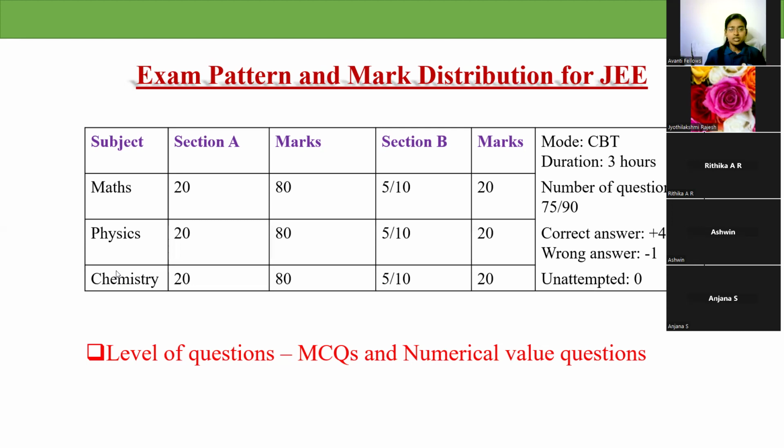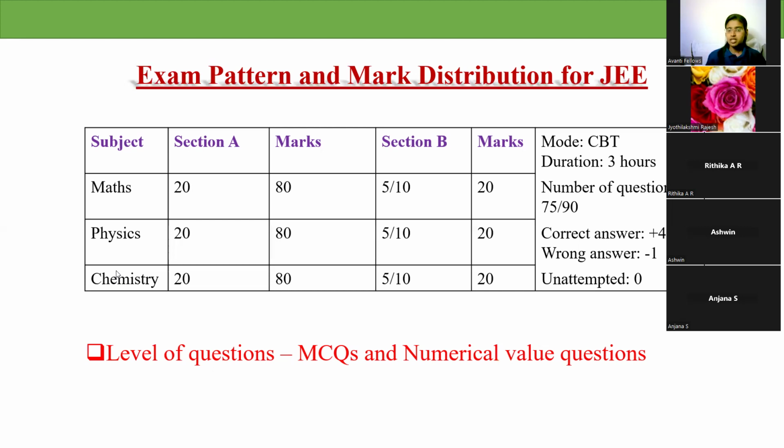So coming to the JEE part, exam pattern and mark distribution. It consists of three subjects: maths, physics, and chemistry. Section A is of 20 questions, so 80 marks, and in section B you will have 10, out of which you have to attend 5, 20 marks each. So totally you'll be attending 25 questions. The mode of examination is computer based, and the duration is 3 hours.